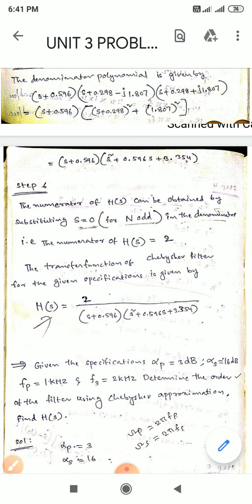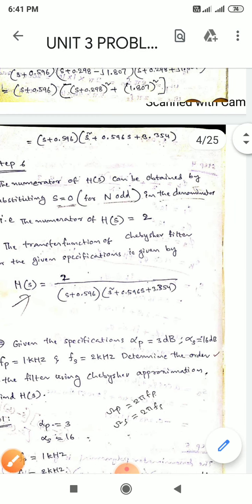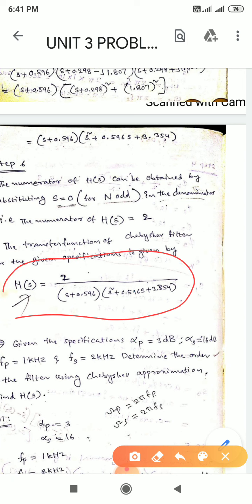This is the transfer function of the Chebyshev filter for the given specifications.